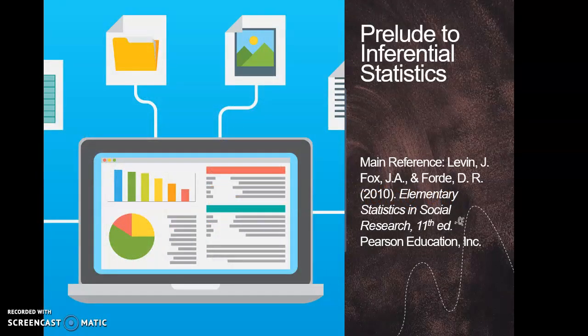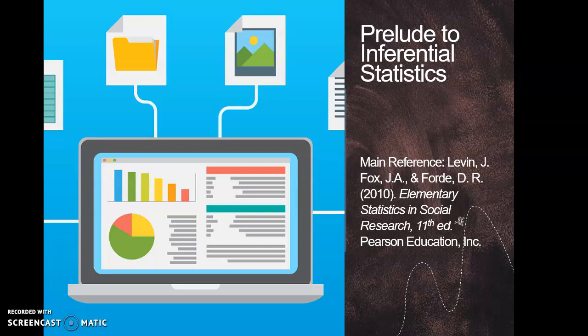So in general, our discussion on the prelude to inferential statistics include sampling errors. Then we went to how sampling errors are being represented in statistics. Then hypothesis. And finally, throughout the discussion, it has to be emphasized that our samples are only estimates of the population.